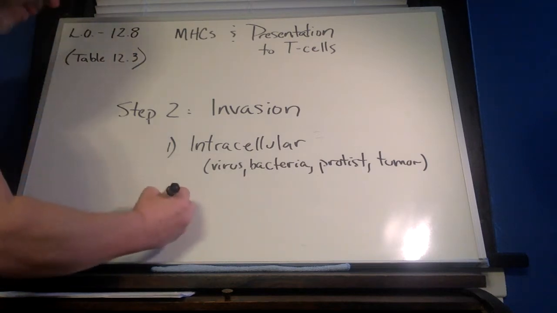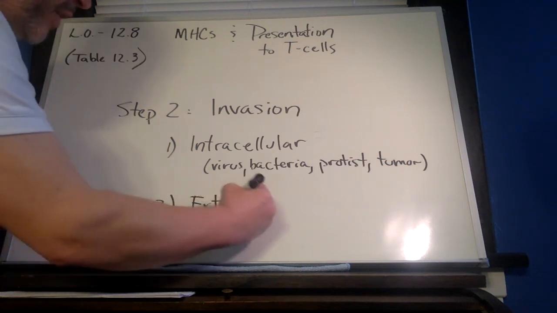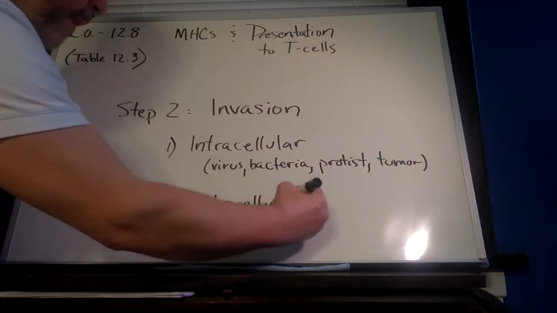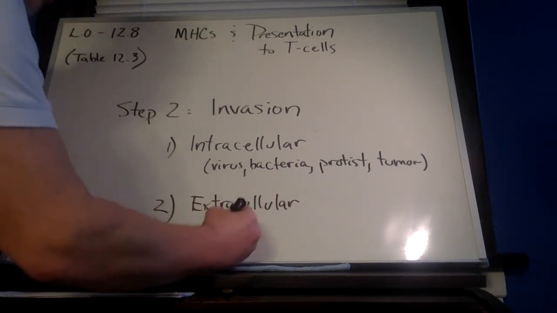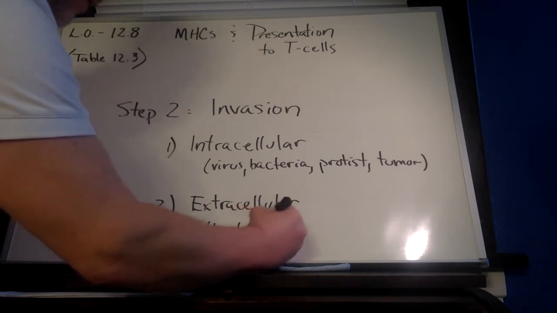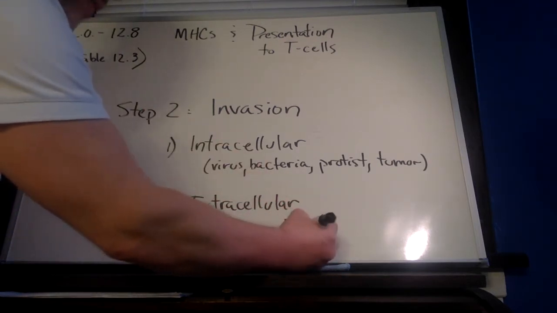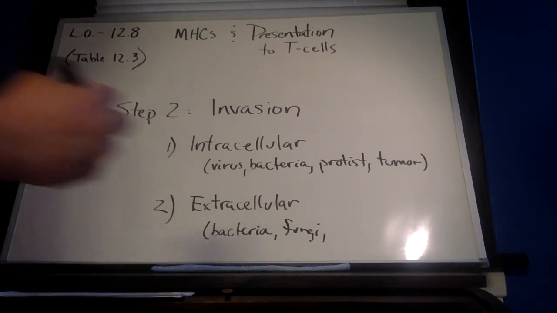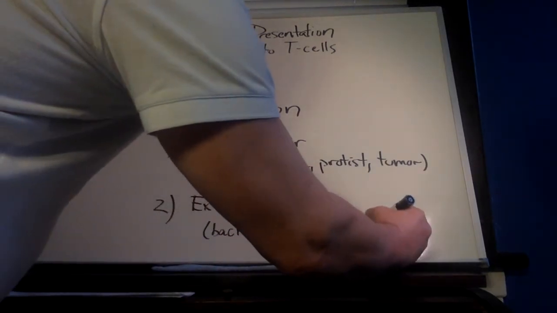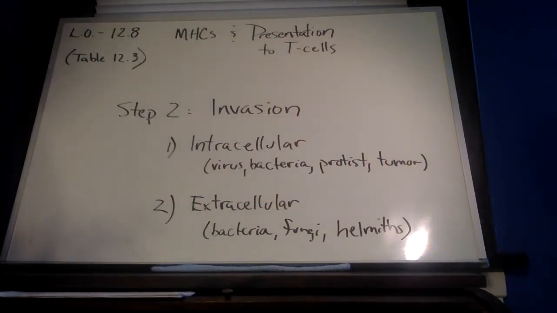Or in invasion, you can go and you can live extracellular. That means on the surface of the cells. There are bacteria that will live on the surface of your cells. Not viruses. Remember, they have to get inside your cell before they get good. A lot of fungi will live on the surface of your cells, as well as those helminths, those tapeworms, and those roundworms that we saw in the digestive tract.